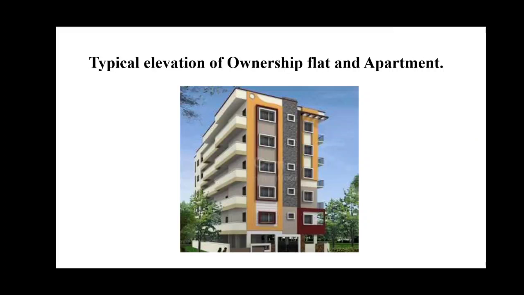Here we can see the typical elevation of the ownership flat and an apartment. As discussed earlier, although the elevation stands the same, there is a clear differentiation in the rights of occupancy of the land as well as the common area of the buildings.